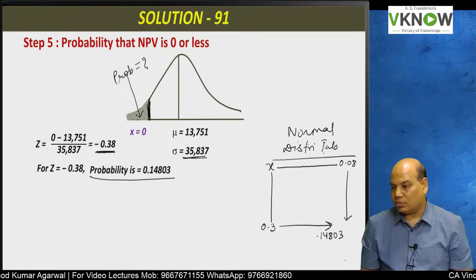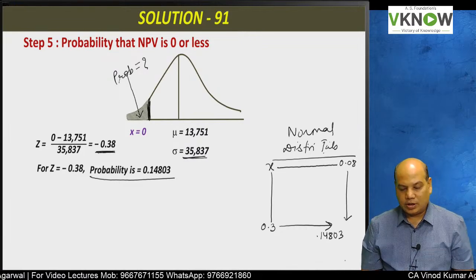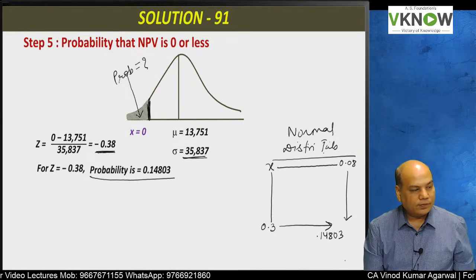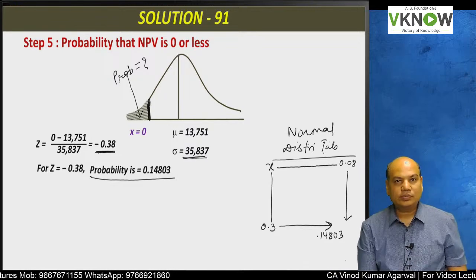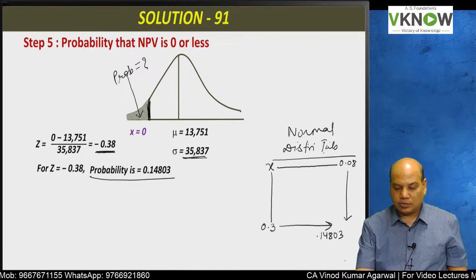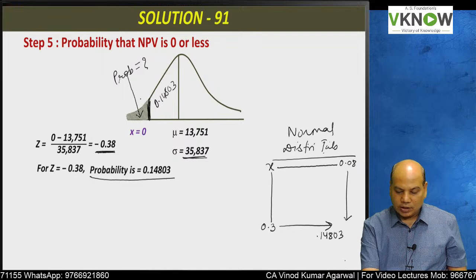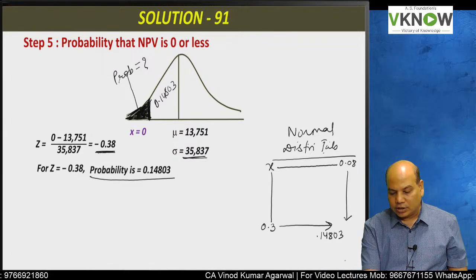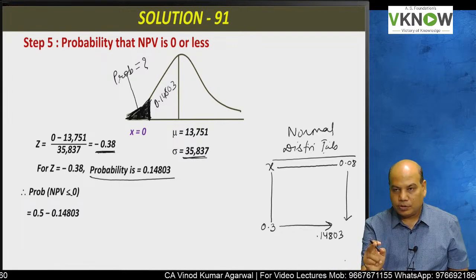For z equal to minus 0.38, probability is 0.14803, but that is not what I want. I have got probability of this area, but I want probability of this shaded portion. So for that I have to deduct 0.14803 from 0.5.